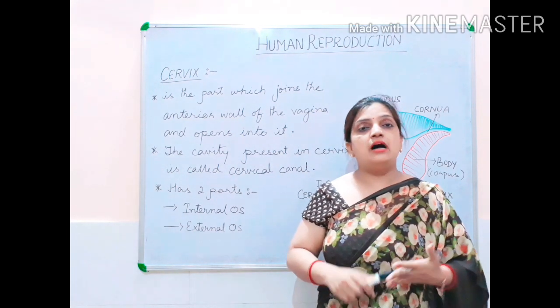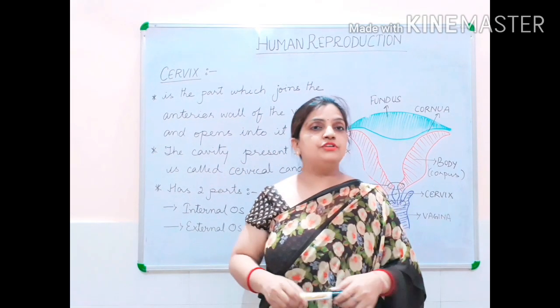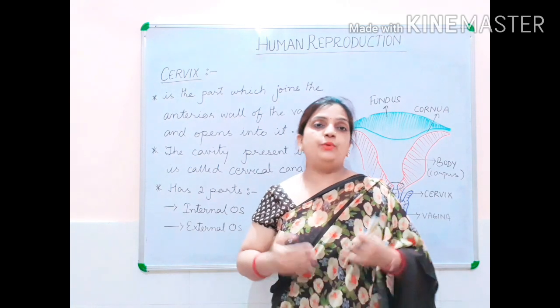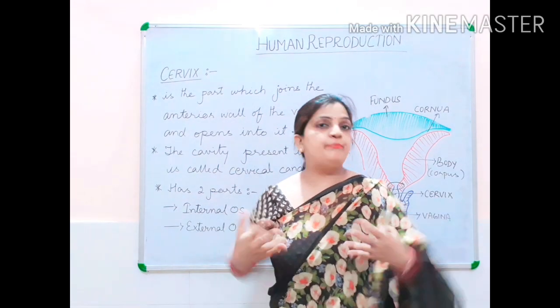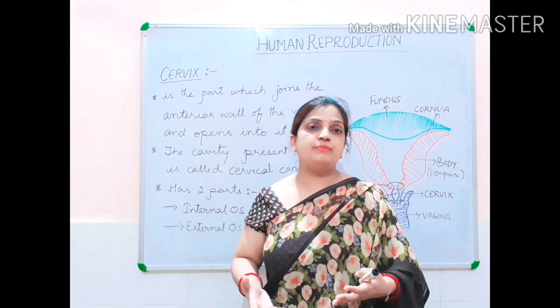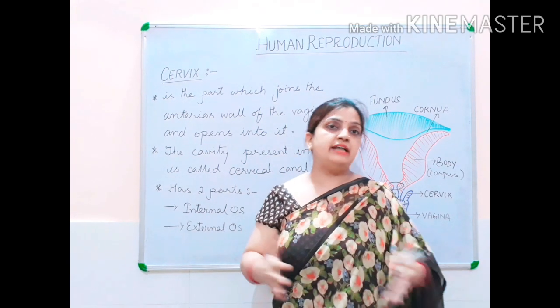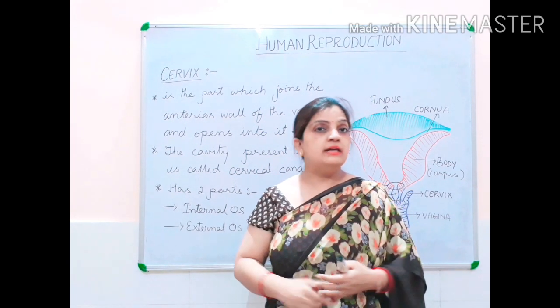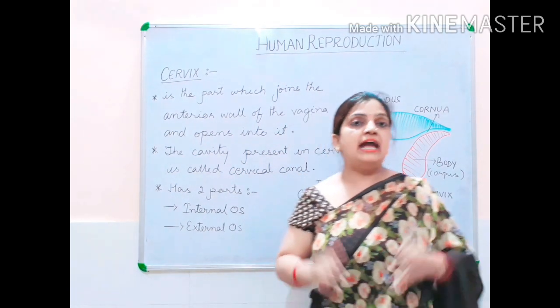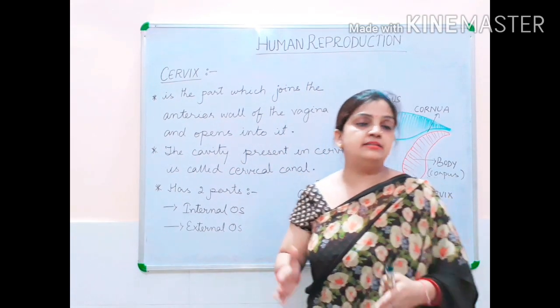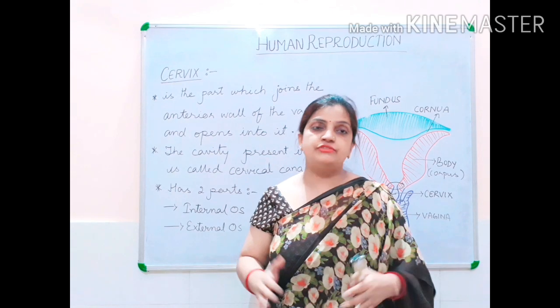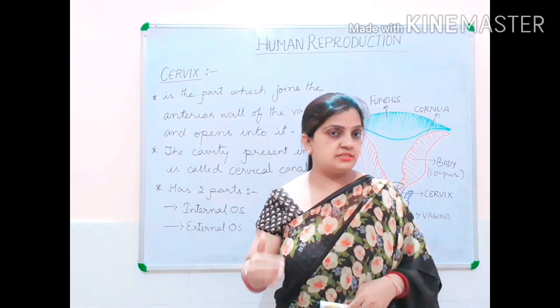So these are the two main functions of the uterus. First, the development of the zygote takes place, and second, if that development is not taking place, then due to cyclic changes, the endometrium present inside the uterus will get shed off and cause the menstruation cycle.